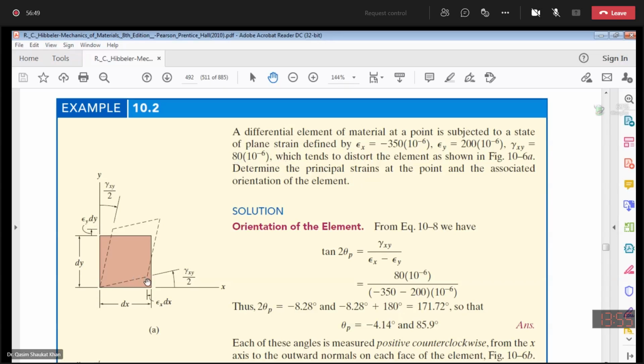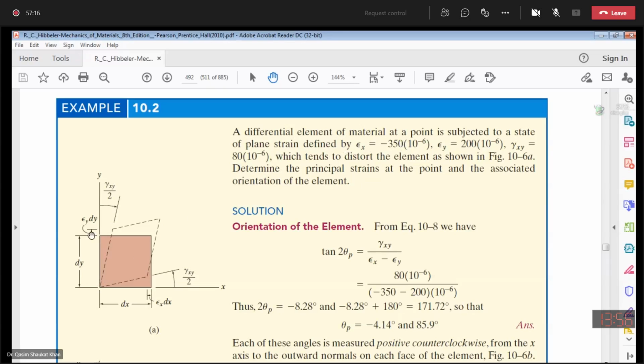So this is your actual element. After the application of the stresses, this dotted shape is the distorted shape of the element. Along dx, there is a reduction in the length. You can see epsilon x dx is compressive, so it means your strain epsilon x is compressive. It resulted in the reduction in the length.